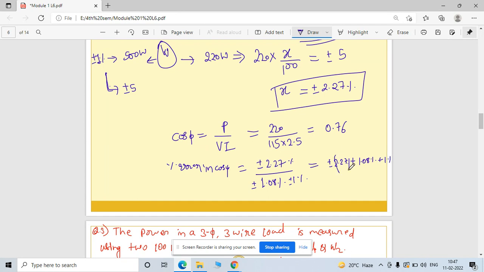Okay, these values are all in terms of plus minus. So when you add this, you will get 4.35 percentage. So your power factor, take the combination of these two, cos phi is nothing but your 0.76 plus minus of 4.35%.